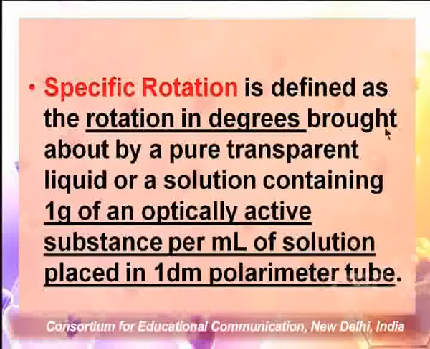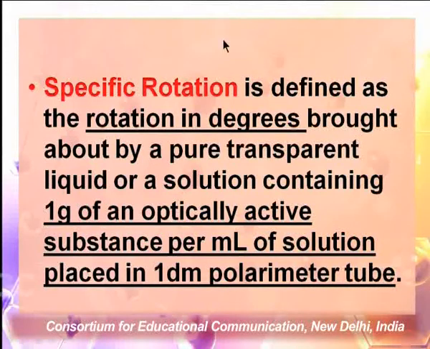So how will we now define specific rotation? When we are going to compare the specific rotation of two compounds, irrespective of what concentration we've taken in the beginning, we will convert that into 1 gram per ml, and the length of the tube will be considered as 1 decimeter.